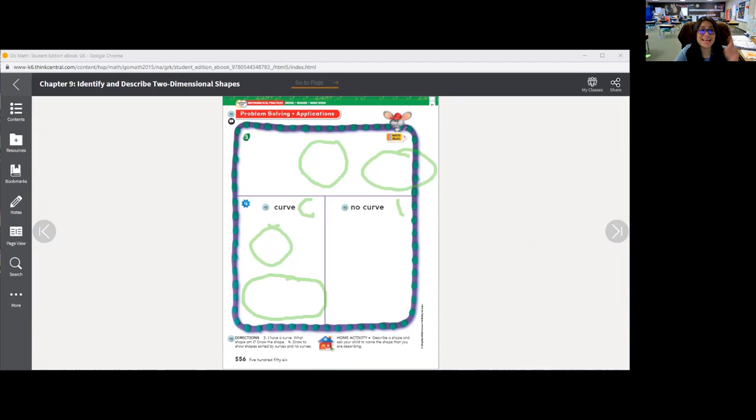Okay, now all the shapes that don't have a curve. No curve. What's one shape we can draw here that does not have a curve? How about Russell? What shape does not have a curve that I can draw on this side? Because it says no curve. Turn on your microphone.